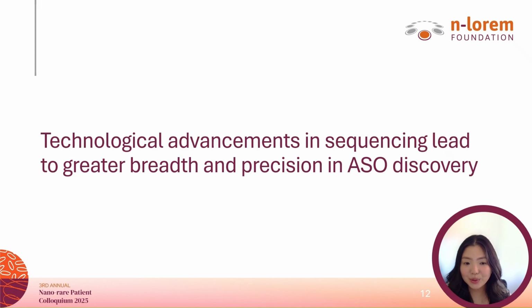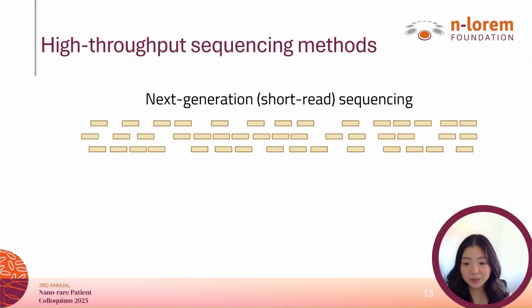And next, I want to go over how some of the technological advancements in sequencing have allowed for greater breadth and precision in our ASO discovery. And so high throughput sequencing, traditionally this is going to be referred to as next generation or short read sequencing. What defines this as short read is that the sequences are going to be about 100 nucleotides in length.